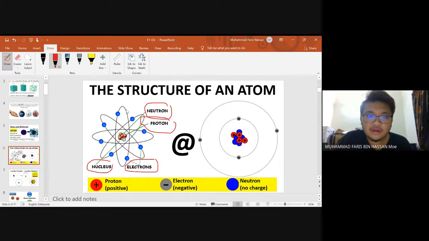So this is the structure of an atom. Proton has a positive charge, electron has a negative charge, and neutron has no charge at all.